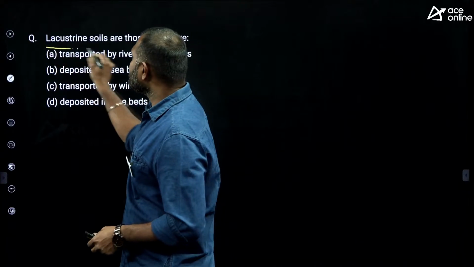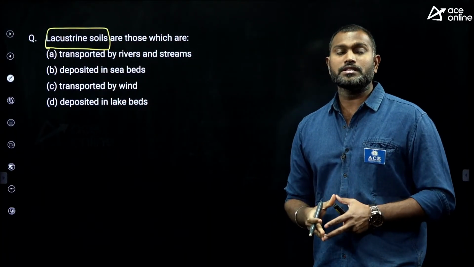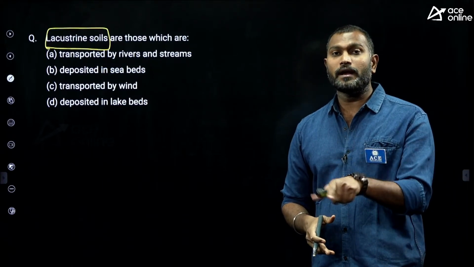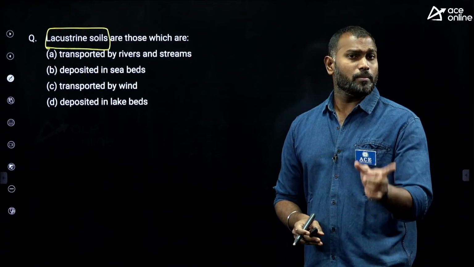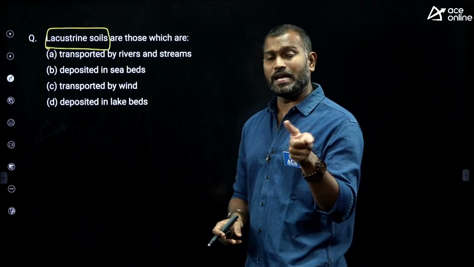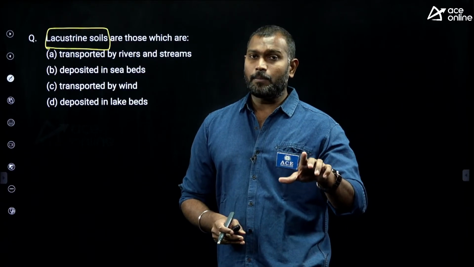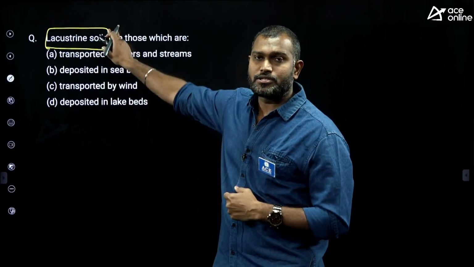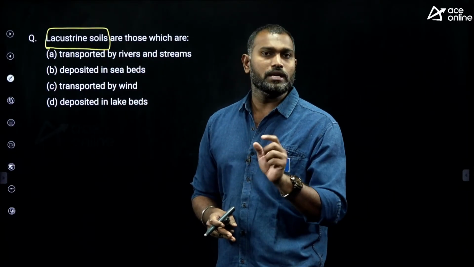Lacustrine soils are the soils that got deposited at the bed of a lake. Based on the natural transporting agents, if the soil is transported by air, we call it an aeolian deposit. If the soil is transported by water and deposited at the bed of a lake, lacustrine deposit. If deposited at the bed of a river, alluvial soil.